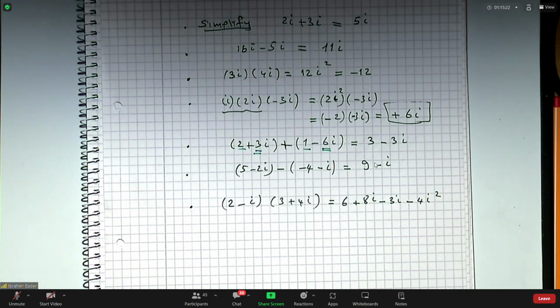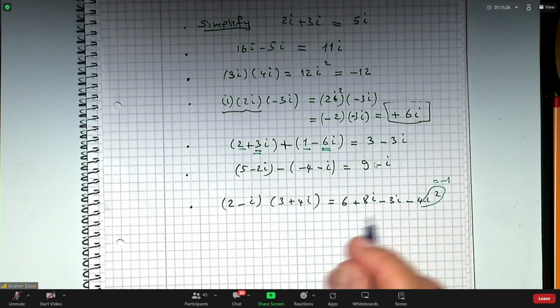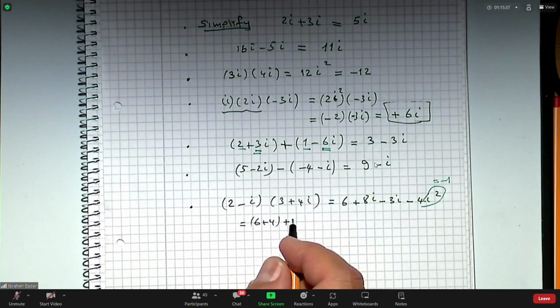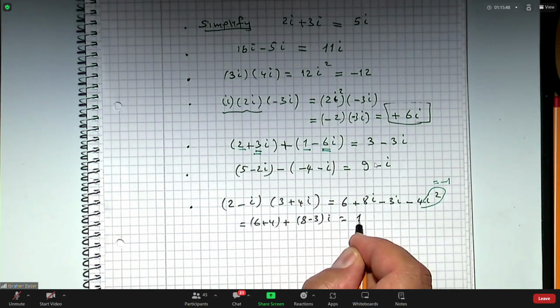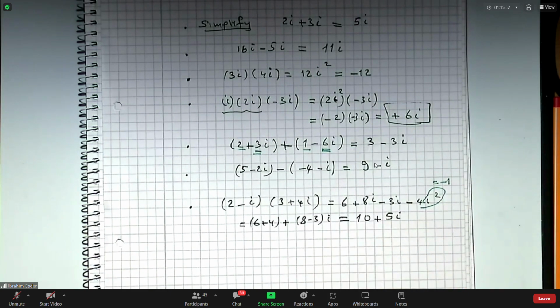And we said this i squared becomes negative 1, and with this it will become positive. So you have 6 plus 4, which is 10. Now I have here 5i, 8 minus 3. So 10 plus 5i.